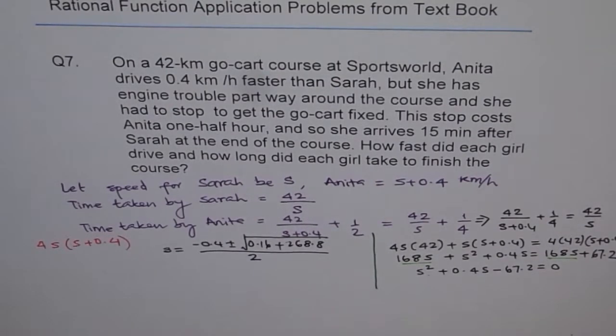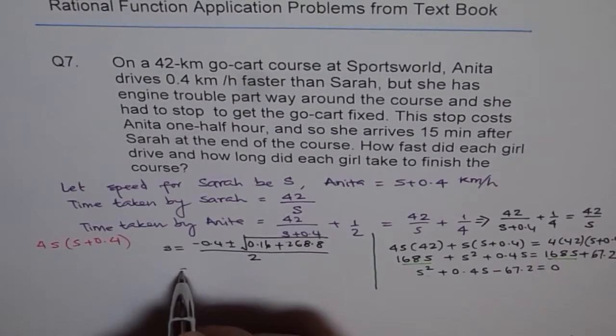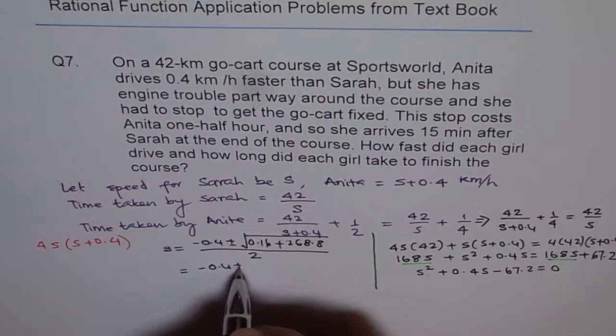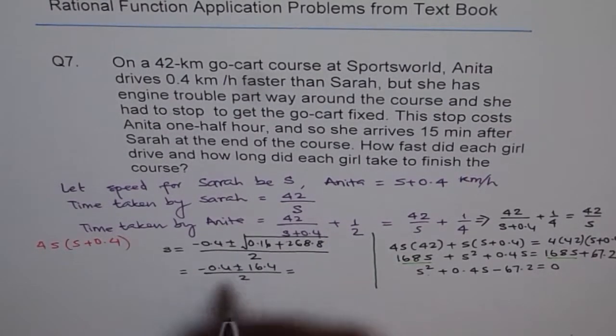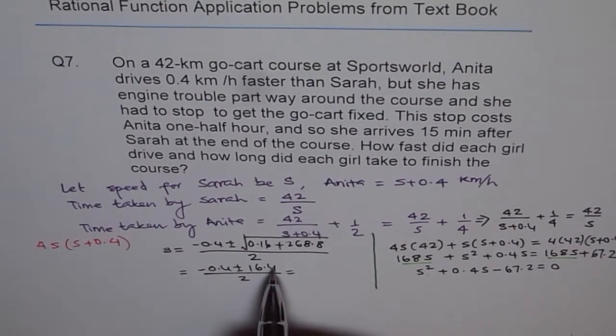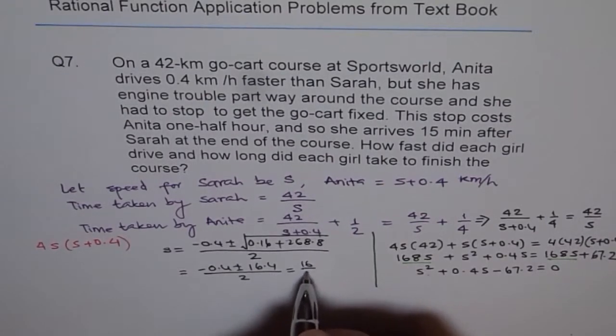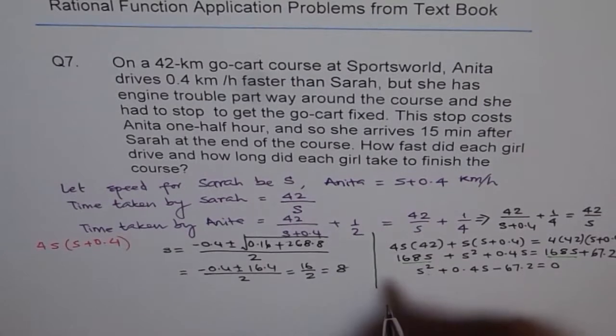Now let me calculate the square root term. 268.8 plus 0.16 equals 268.96, and the square root of that gives me 16.4. So I get minus 0.4 plus or minus 16.4, divided by 2. Taking the plus, I get 16 divided by 2, which is 8.